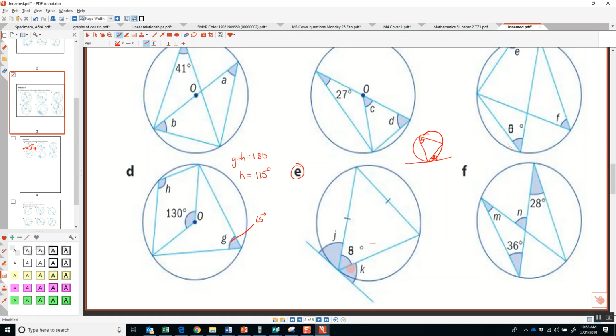So K is the same as this one up here. And J is the same as this one. And we know, well, it's isosceles, so this one is the same as this one. So hopefully that'll help you to figure out what this is and what this is. Okay, you always have to look for these shapes, okay?